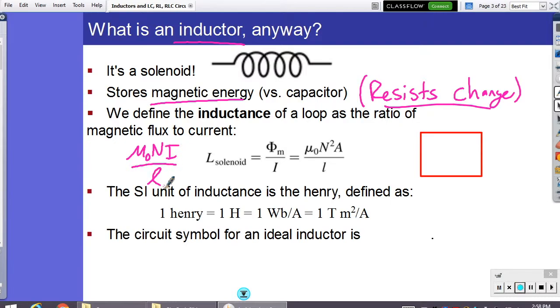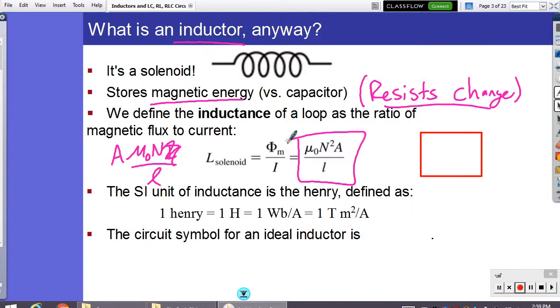So if I divide it by I, my I goes away. I am doing flux, so I have to multiply by area. And then because a solenoid typically has multiple loops, it has N loops, we multiply by N a second time. So our N actually gets squared here when we're talking about the inductance of a solenoid. And that's because our flux gets multiplied by multiple loops. We actually, in a sense, have extra flux going through our thing.